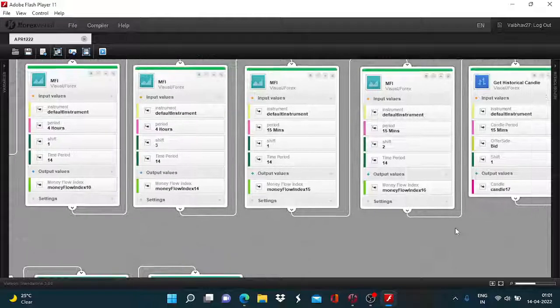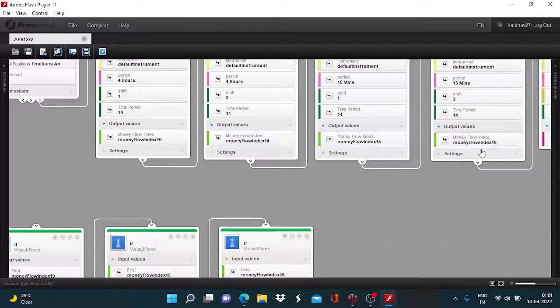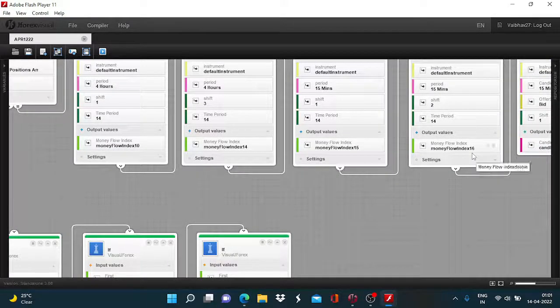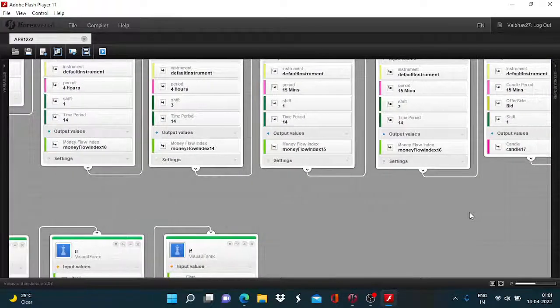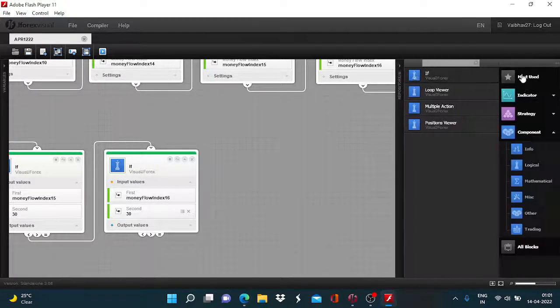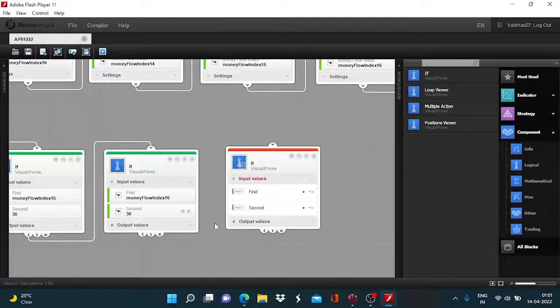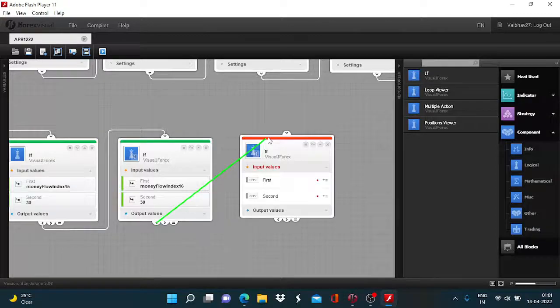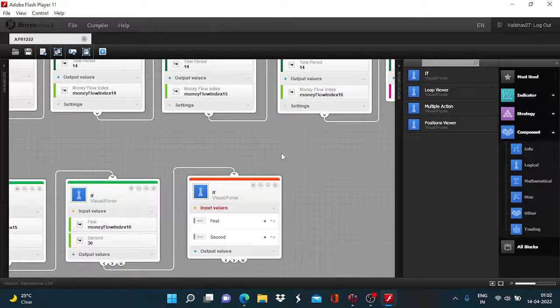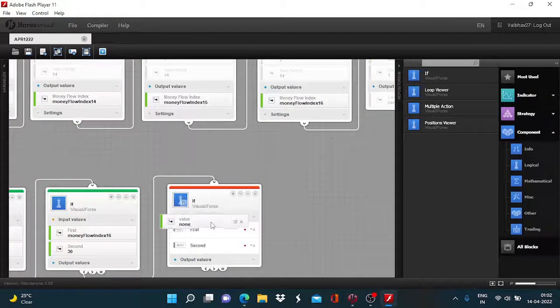Then we compare the values between themselves. Here the money flow index 15 needs to be higher compared to the money flow index 16. So for that I will take these two values and compare them.